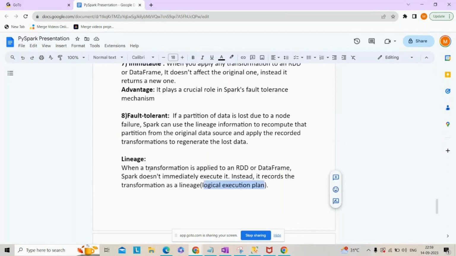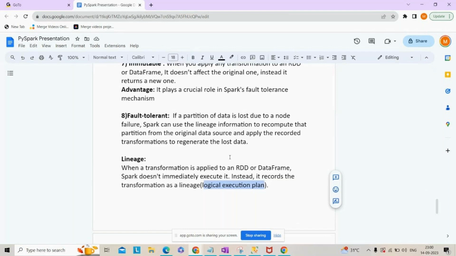Okay. So where is this lineage helpful? If a partition of data is lost due to a node failure, Spark can use the lineage information to recompute that partition from the original data source and apply the recorded transformations to regenerate the lost data.